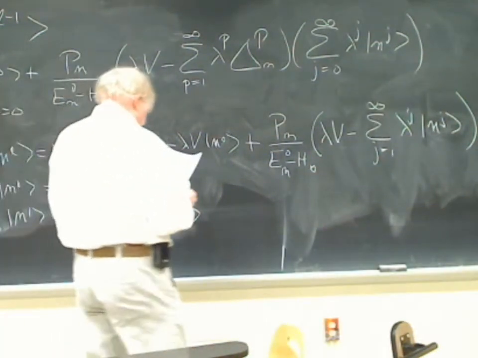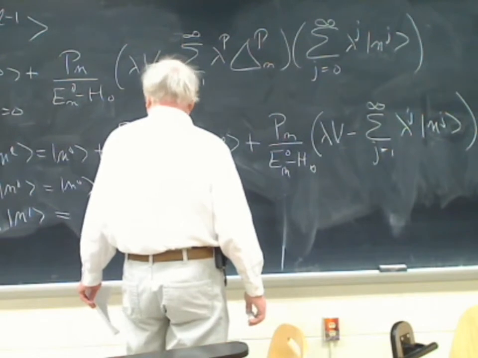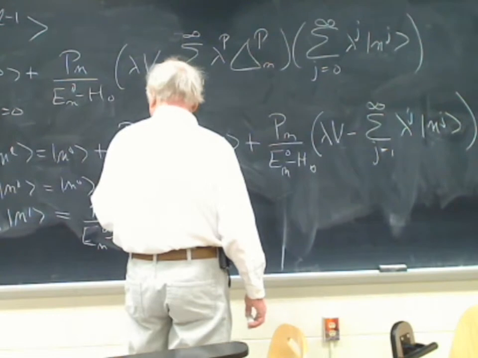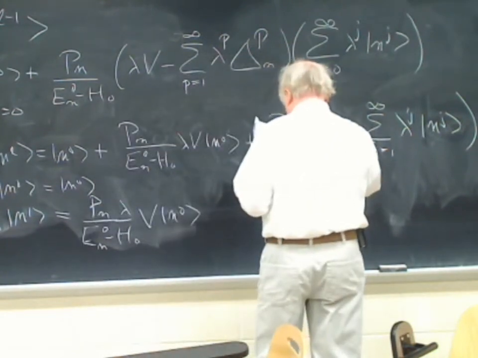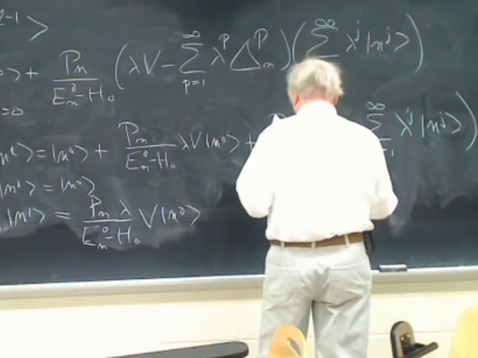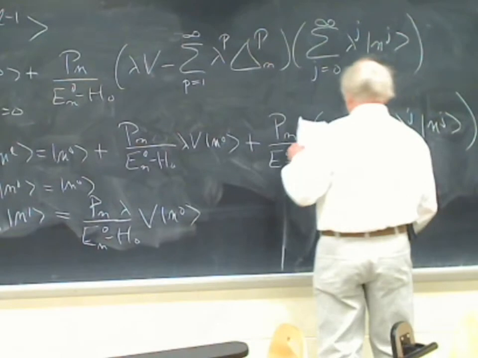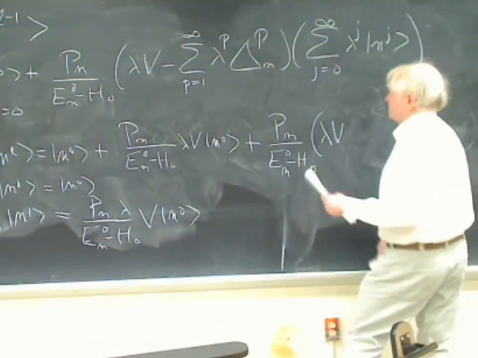And then, let's see, the rest of this actually cancels, but yes, the reason why, you guys should have called me on this. I did not write this correctly, I skipped a term here.